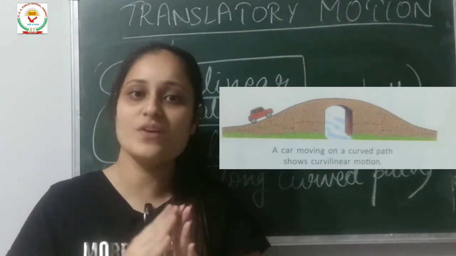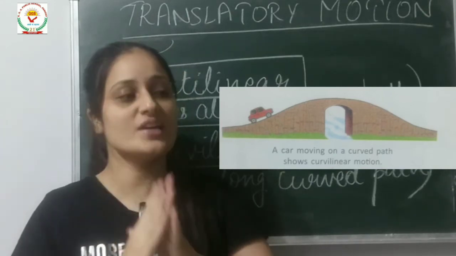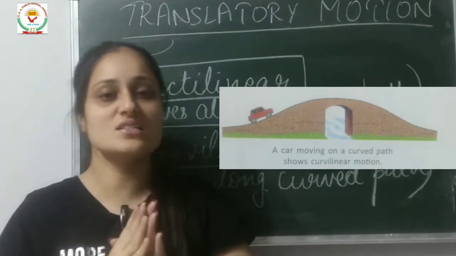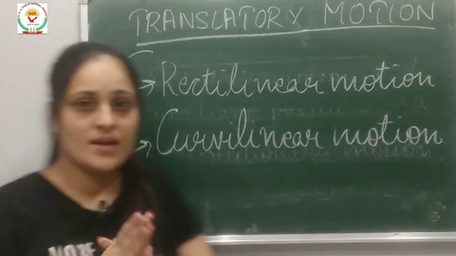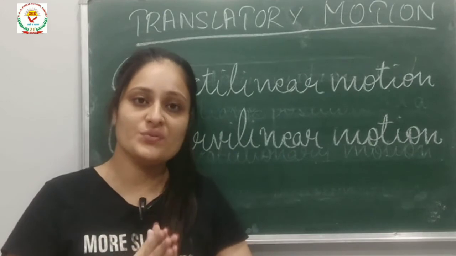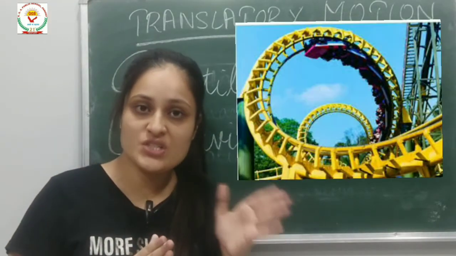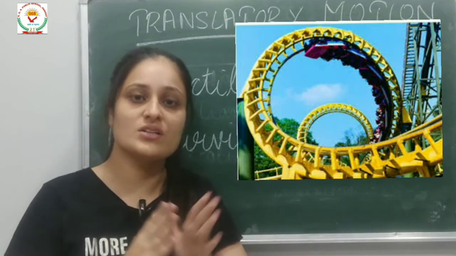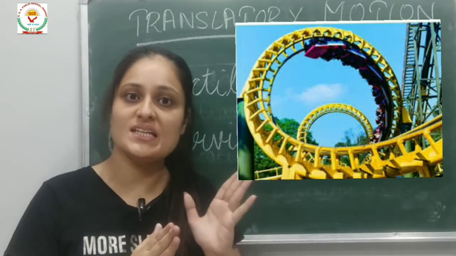So the path of the car is curved. Okay, so we can say that this car is in curvilinear motion. Another example of curvilinear motion is a series of cars revolving in a circular path, as you can see in the image.